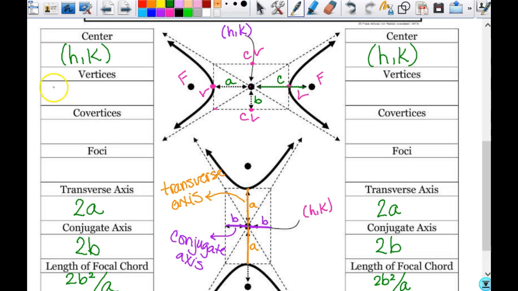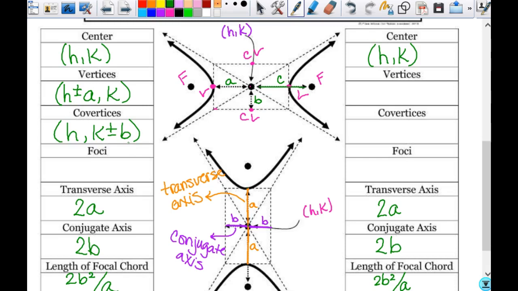So your vertices are going to be h plus or minus what? A. Good. Comma k. Your co-vertices, that's your y changing when it has an x orientation like this. So this is going to be h, comma, k plus or minus b. Right? That should look familiar as well.